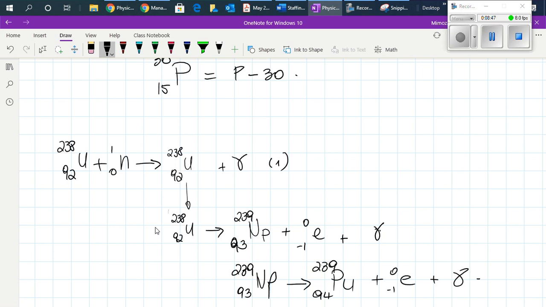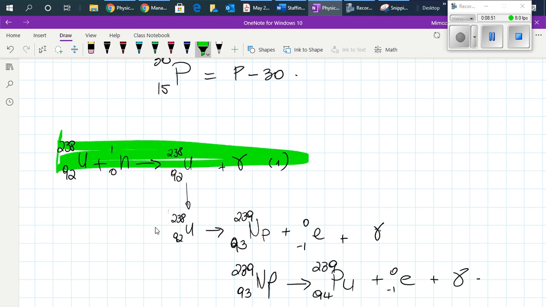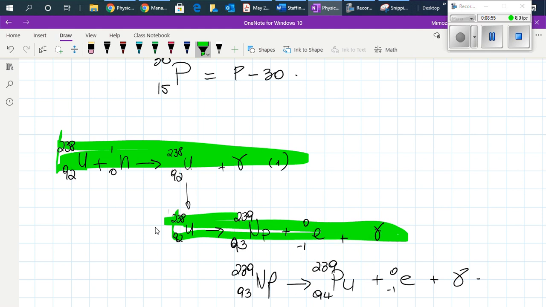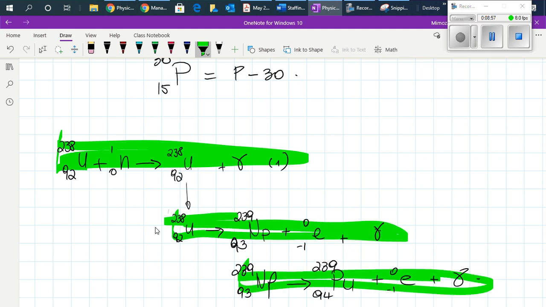So if this was the first reaction, then this was the second, and this was the third reaction. Reaction 1 involved a neutron captured by uranium-238, producing uranium-239 and a gamma ray.